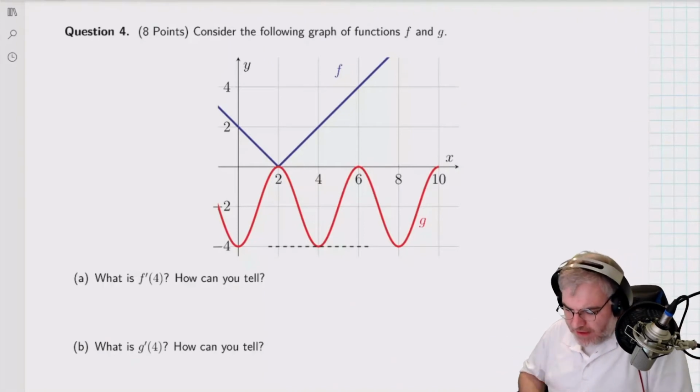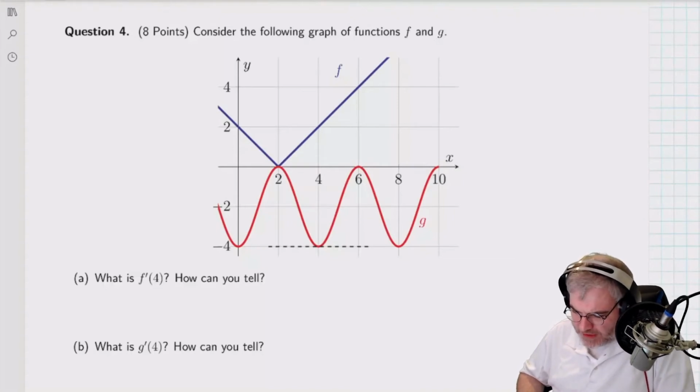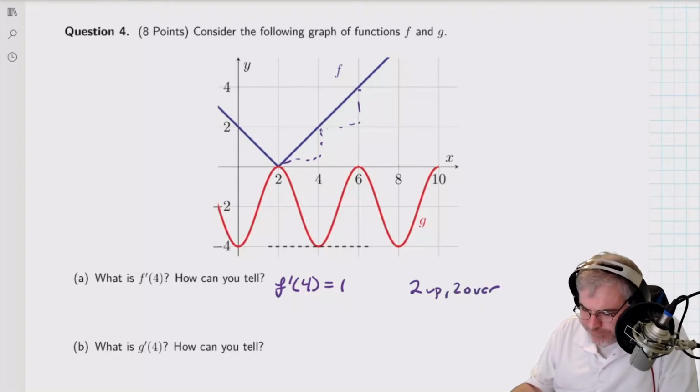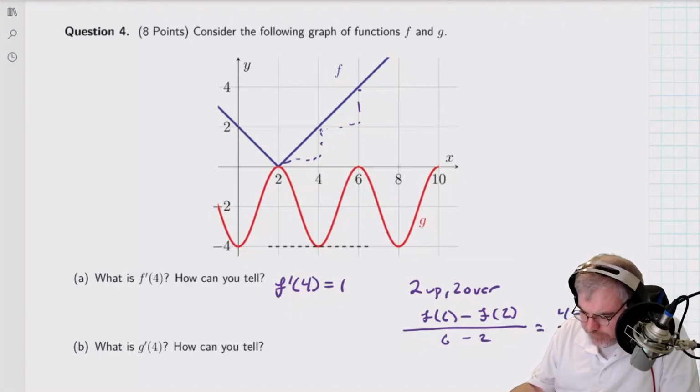All right, on this one, f prime of 4. Well, that's 1. How can I tell? Well, 2 up, 2 over. Or, if you want to, you can do f of 6 minus f of 2 over 6 minus 2, which equals 4 minus 0 over 4, which equals 1.